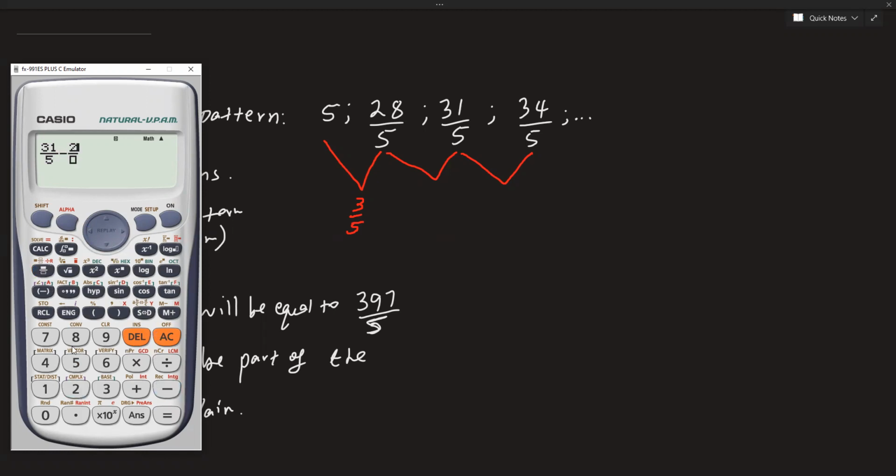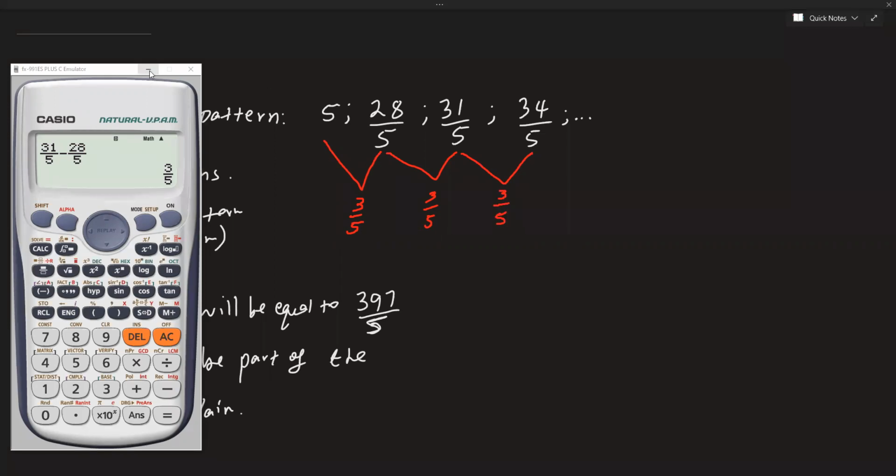This still gives me the same answer as this one, 3 over 5. Then I can conclude that this is linear because the first difference is constant. So here I can conclude that this will be 3 over 5.